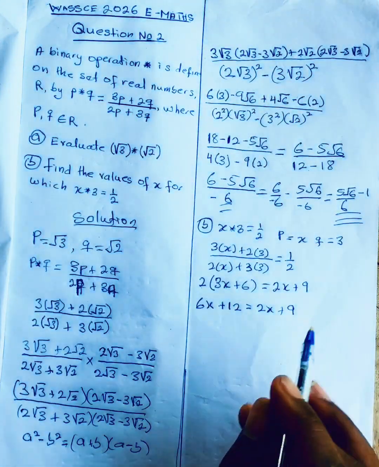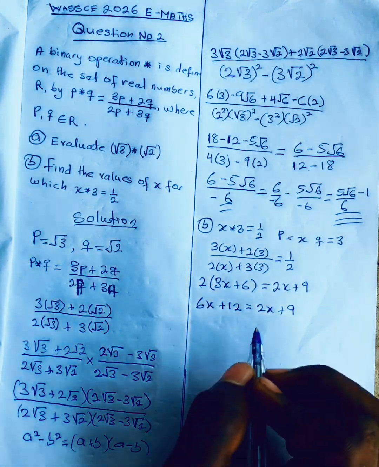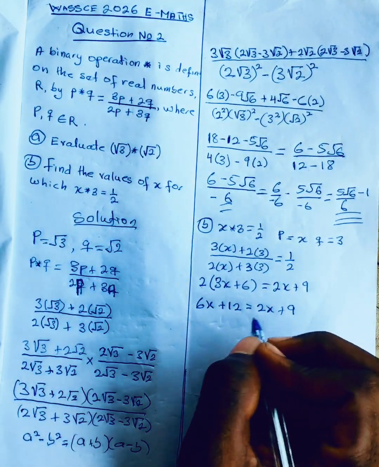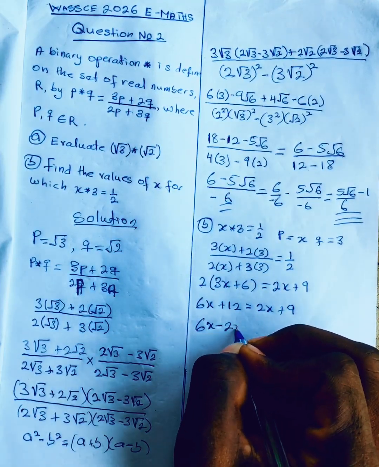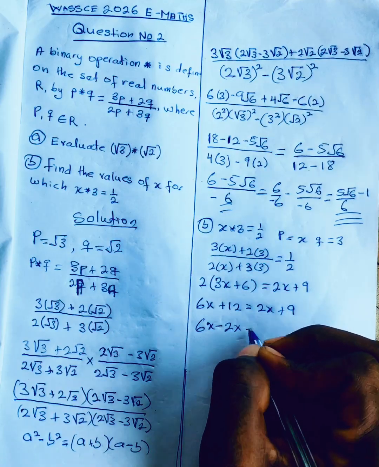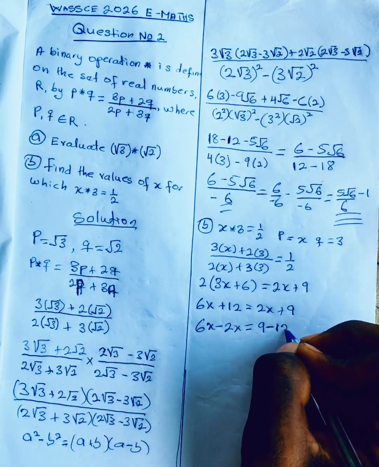Now you can see it becomes a linear equation, so we can solve it separately. Now let's group like terms. The variable will come to one side, so it will be 6S minus 2S is equal to 9 minus what? 12.